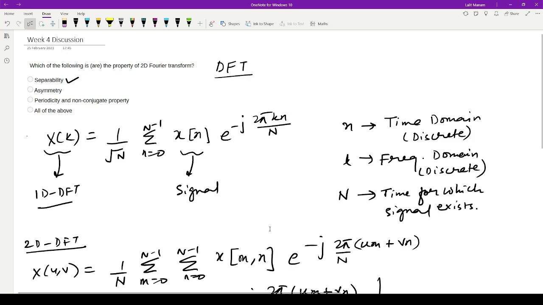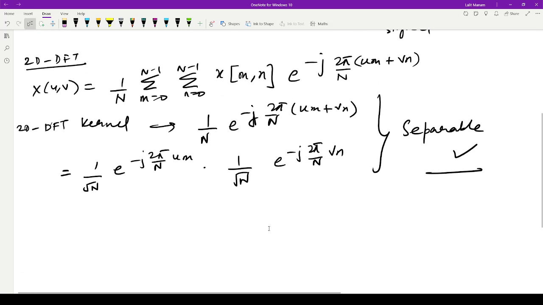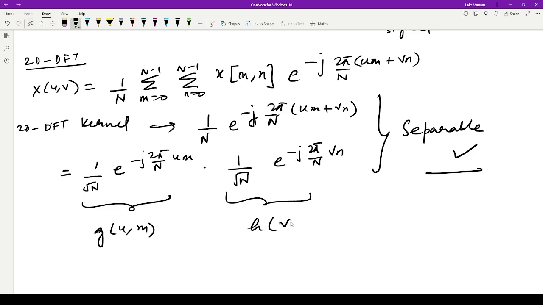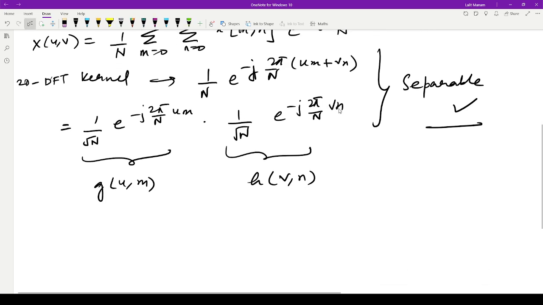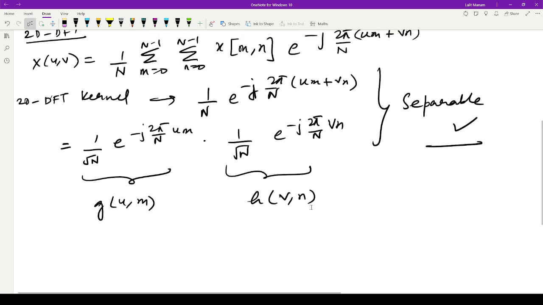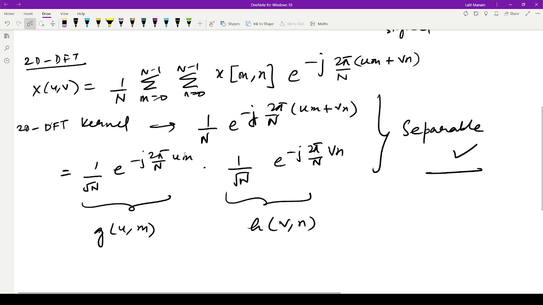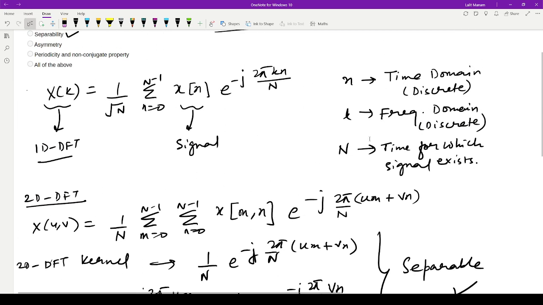What about symmetry? What is the symmetry property? Let me call this some function g of u comma m, and this is h of v comma n. If you clearly see, v and n are the variables used, and u and m are the variables used of the time and frequency domain.